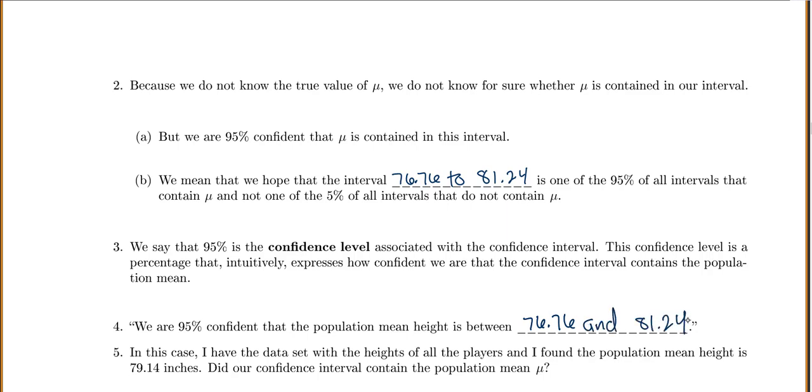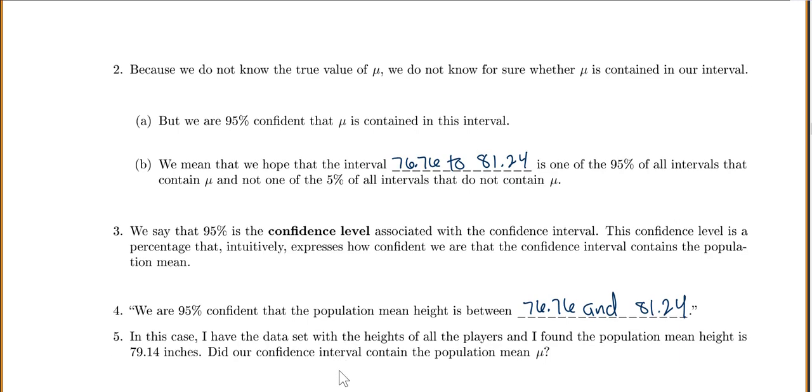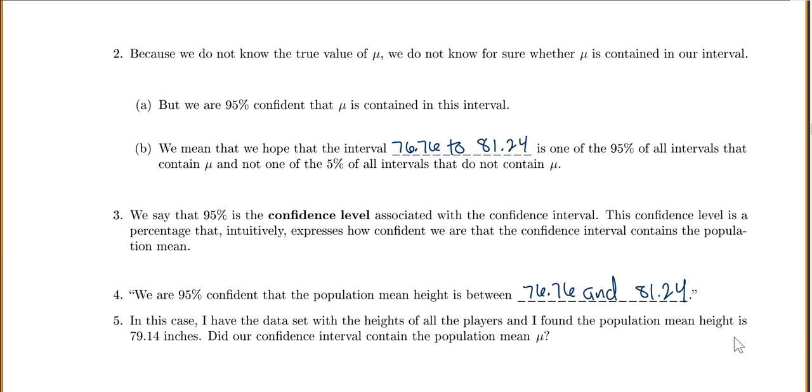81.24. In this case, I actually have the data set with the heights of all the players. It's not very often that you have all the data from the population, but I do in this situation. And I found the population mean height is 79.14 inches. So did our confidence interval actually contain our population mean mu?